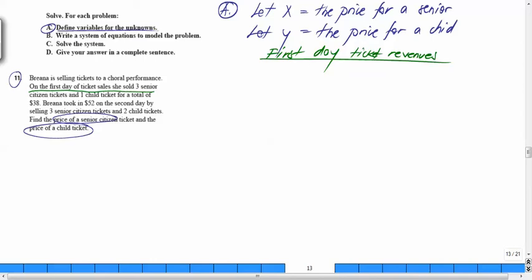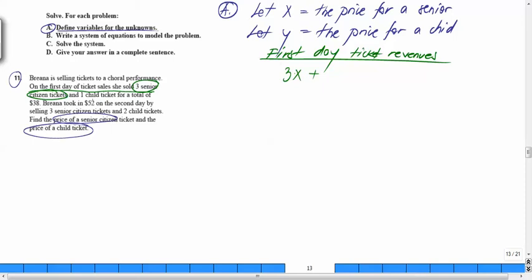Well, we know that she sold 3 senior citizen tickets, so we know the price is X. To find how much she got from selling those 3 senior tickets, we multiply the number of tickets by the price. To this one, we add the revenue from the children's tickets sold.